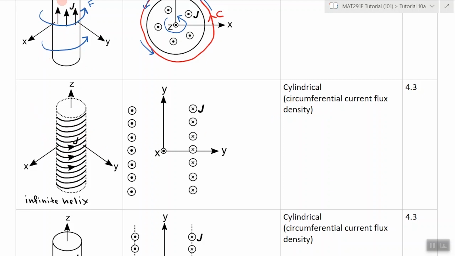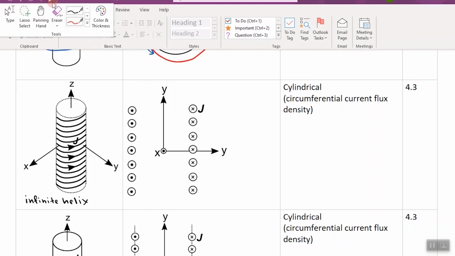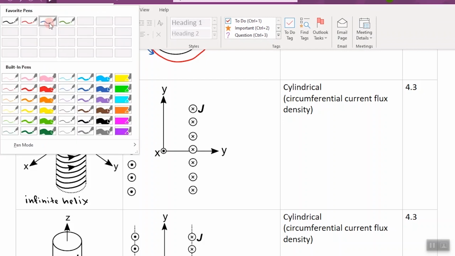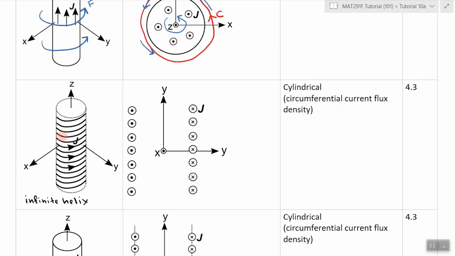The field produced would be like this. You could imagine aligning your thumb to the current density, and as a result, your field would go like this. Now, I want to mention there will not be any field outside of this helix.